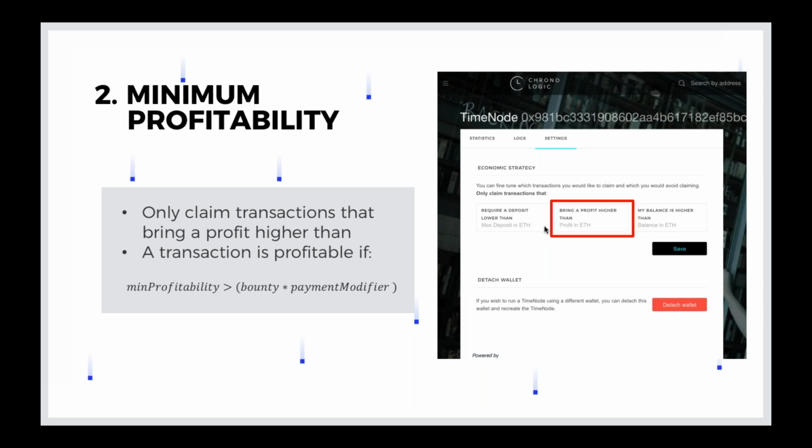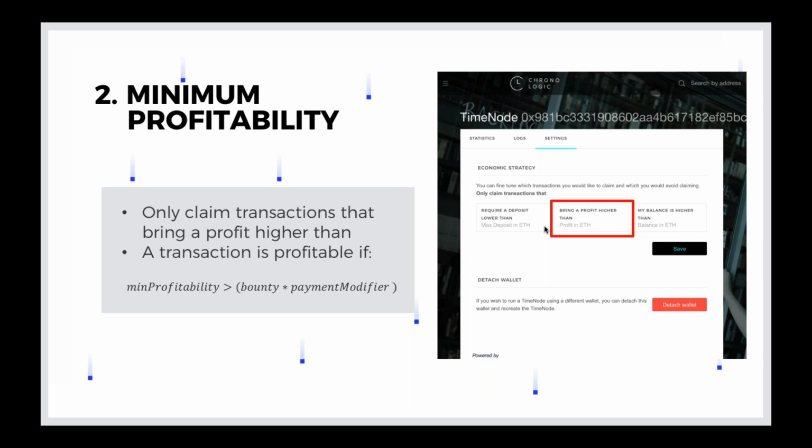You have transactions that bring more profit, and transactions that bring less profit, so smaller bounties. You might want to reserve your time node for only the highest profitability transactions, but then you might miss out on some of the lower ones. But this will depend on your personal preference.